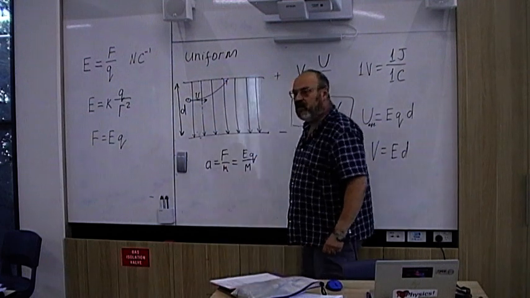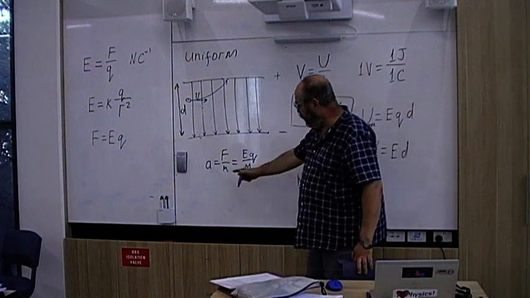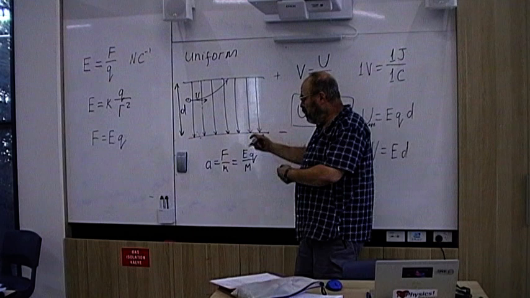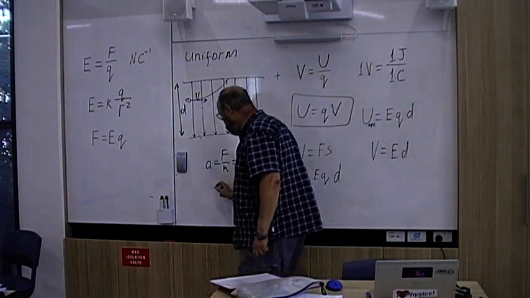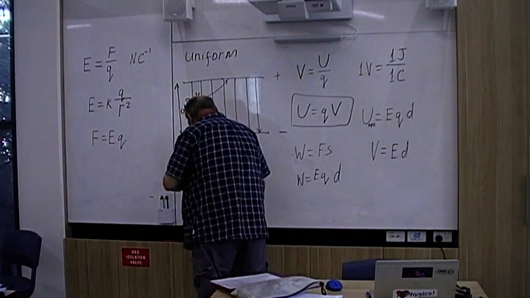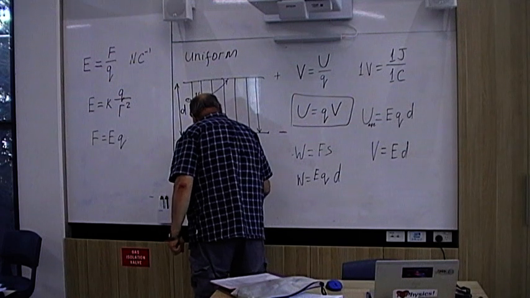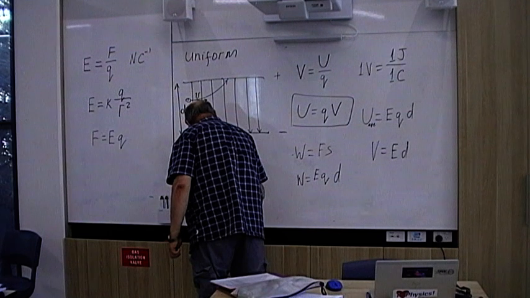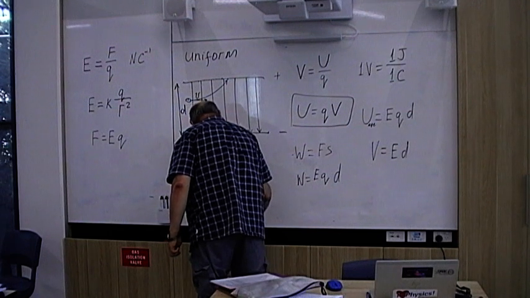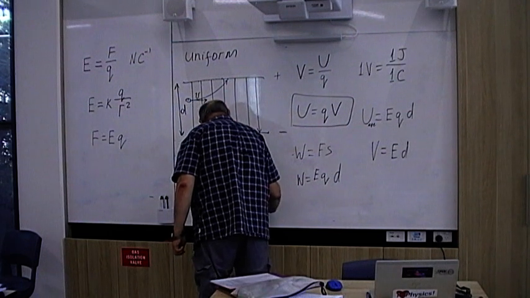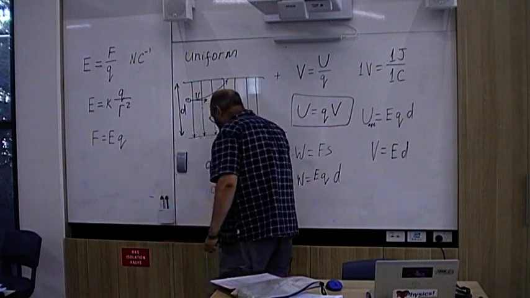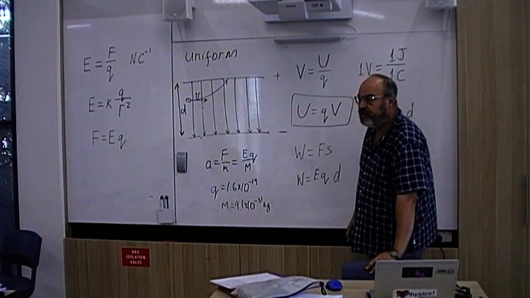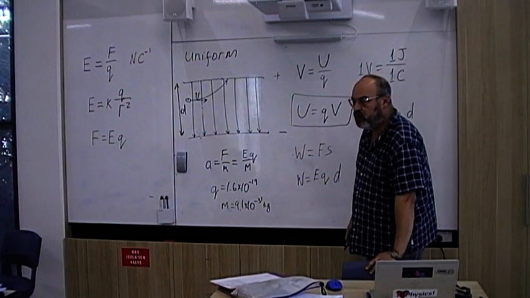So G will be replaced with A, E whatever the strength of the electric field is, Q is the charge of electron, which is 1.6 times 10 to the negative 19 coulomb, and mass of electron is 9.1 times 10 to the negative 31 kilogram. You don't need to remember any of those numbers. They're all in the formula sheet.